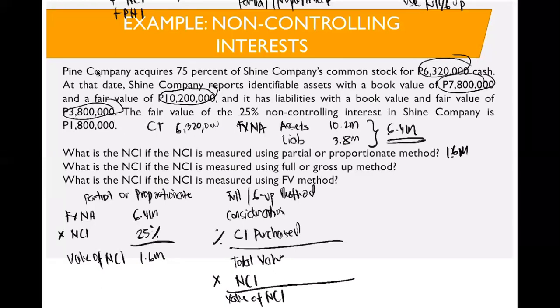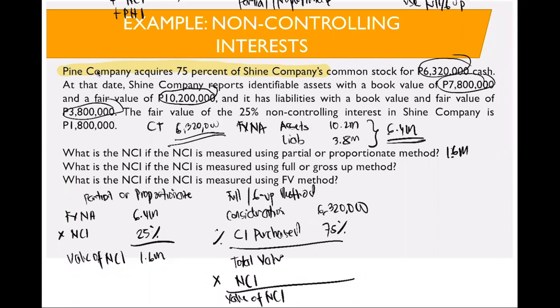So what is the consideration transferred? 6,320,000. What is the interest purchased? Pine Company acquires 75% of Shine Company, so our controlling interest purchase is 75%.